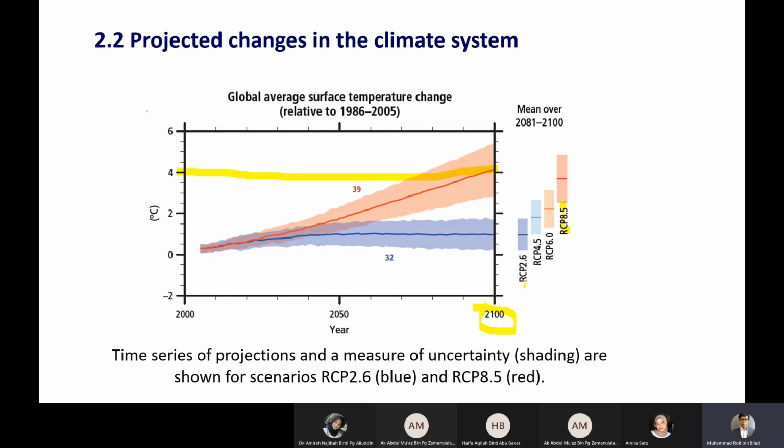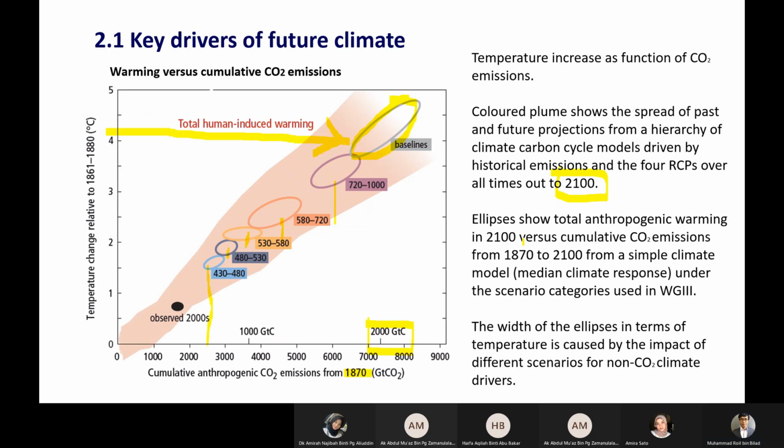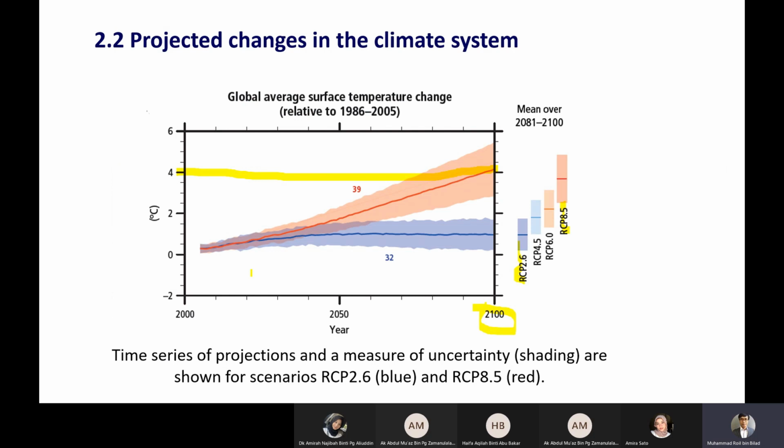But if you go to the strictest scenario, which corresponds to about this ppm concentration of CO2, it will increase by about 0.3 to 0.4 degrees from the temperature of 2000. It really depends on how we react to the current situation.